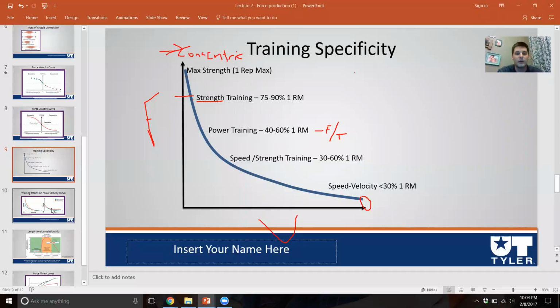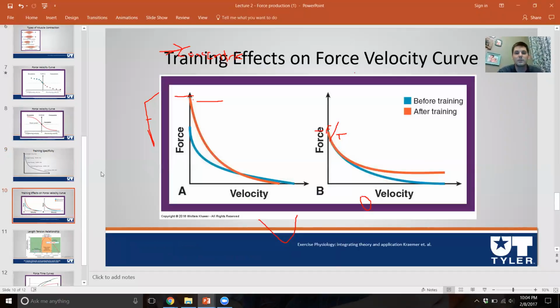One other thing that we'll point out, as we move to the next slide, is that of course we can see these training effects. So here in the curve on the left, this is out of your textbook. So if you're still a little bit confused, you can go in and find this part in your textbooks. But here again, we've been training on the force side of the curve.